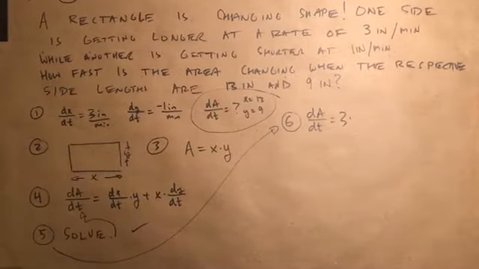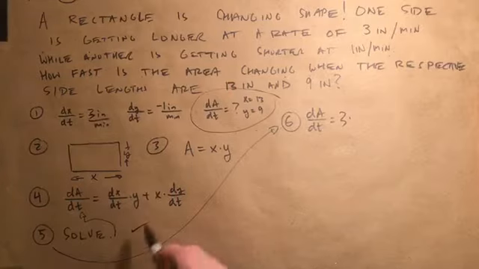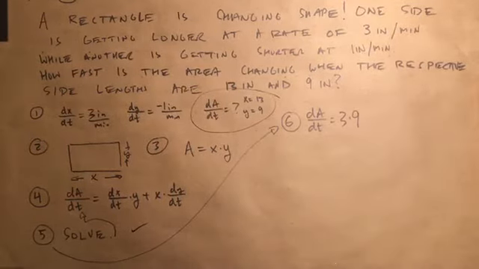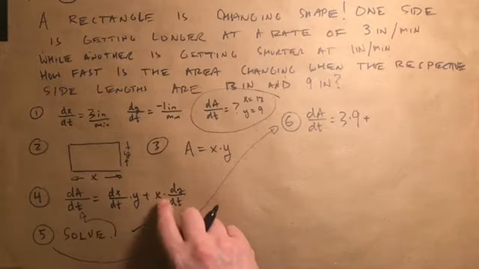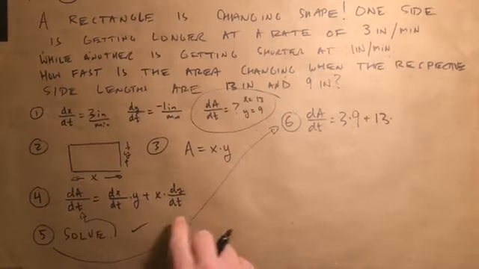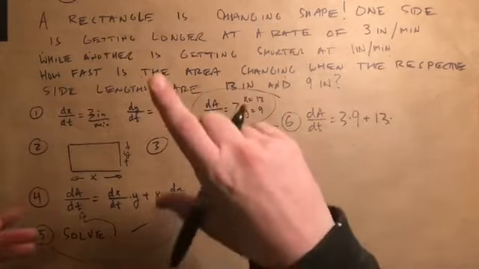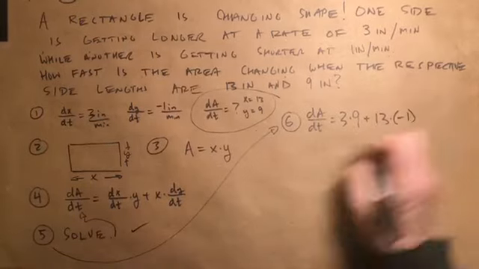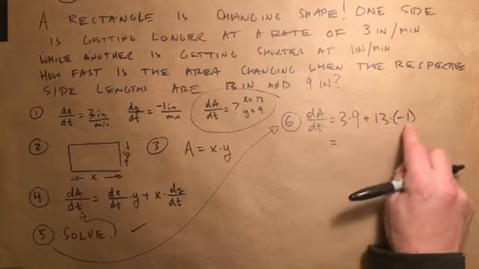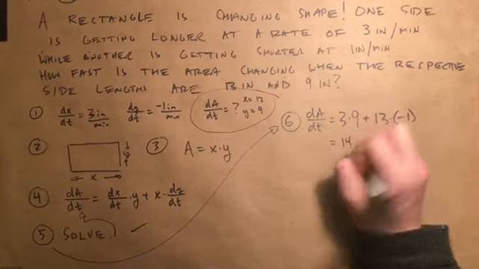When did we want to know how the area was changing? Oh, when x was 13 and y was 9. So I'm going to plug that value in. I can plug in our x value, which is 13. And dy/dt, because the height was getting smaller, -1. This gives us a glorious 27 minus 13, so 14.